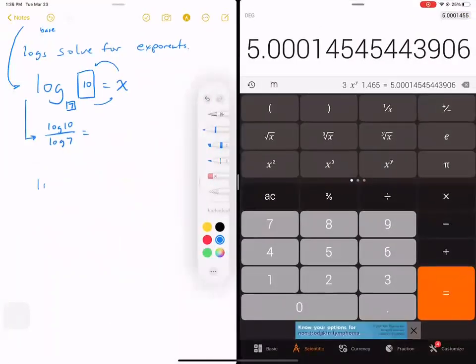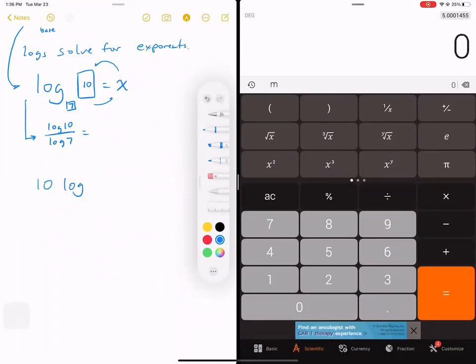You write 10 log, because it's going to do the operation on whatever number it sees. If I write 10, I want it to log that number. Okay, that becomes a 1. Great. Divided by 7 log.